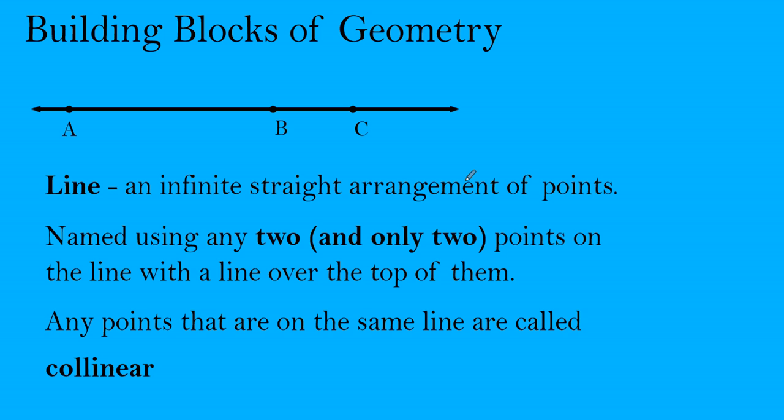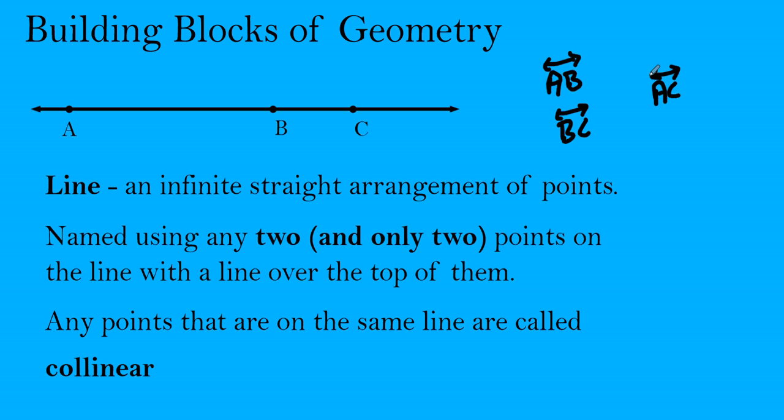But if we were to take this line here on the screen, and we've got 3 named points. There's an infinite number of points, but we've got 3 of them that have names on them. And so you might name this line AB with a line with arrows over the top of them, or BC, or AC.